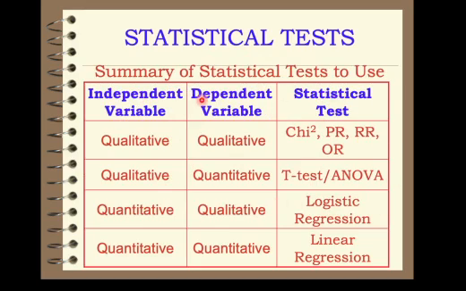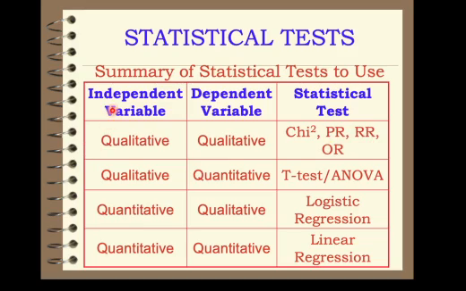It should tell us what statistical tests to use given the different data classification for the independent and the dependent variables. So just to summarize, if both the independent and the dependent variables are qualitative, then the statistical test to use is chi-square test. The prevalence ratio, the risk ratio, or the odds ratio can also be used.